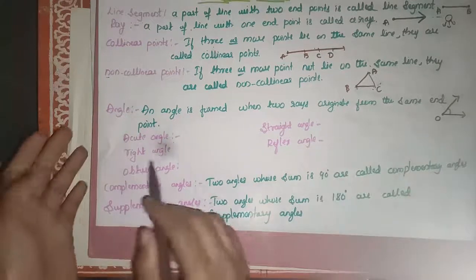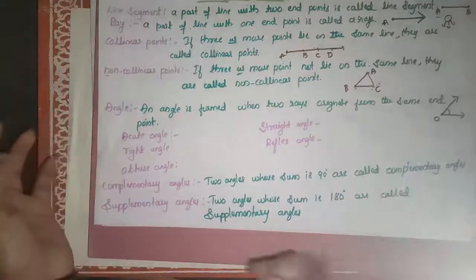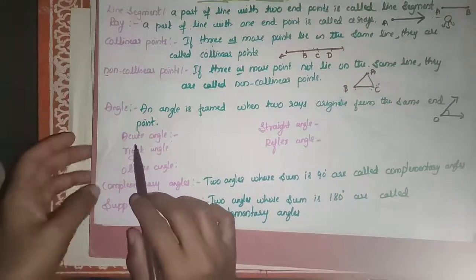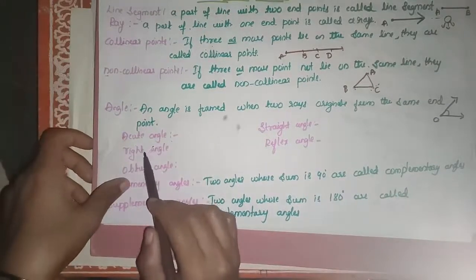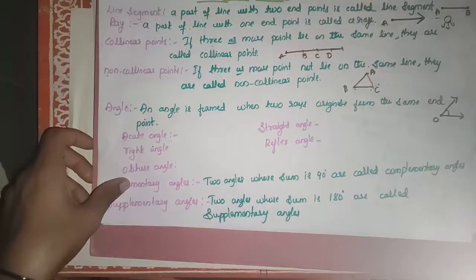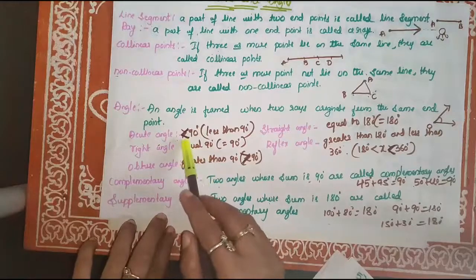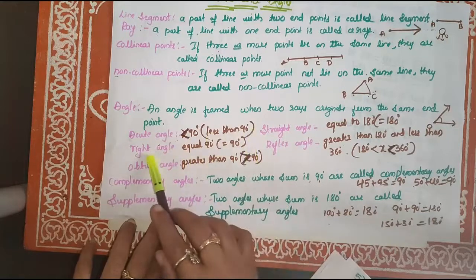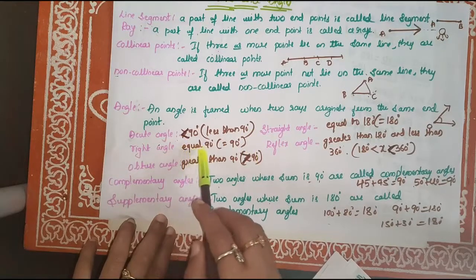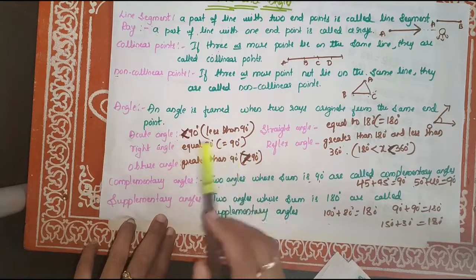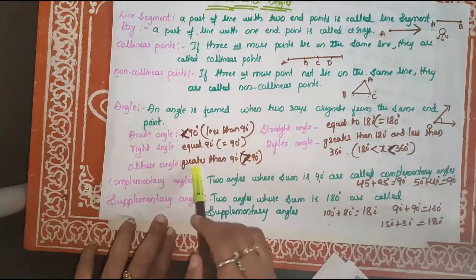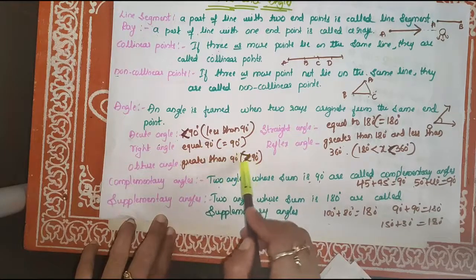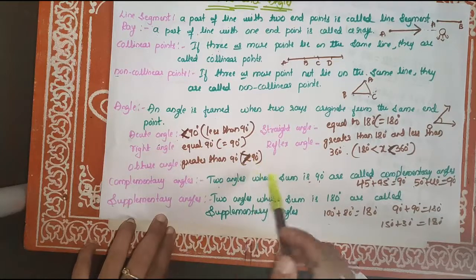Then we have learned many types of angles. For example, acute angle is less than 90 degrees. Right angle is equal to 90 degrees. Obtuse angle is always greater than 90 degrees.